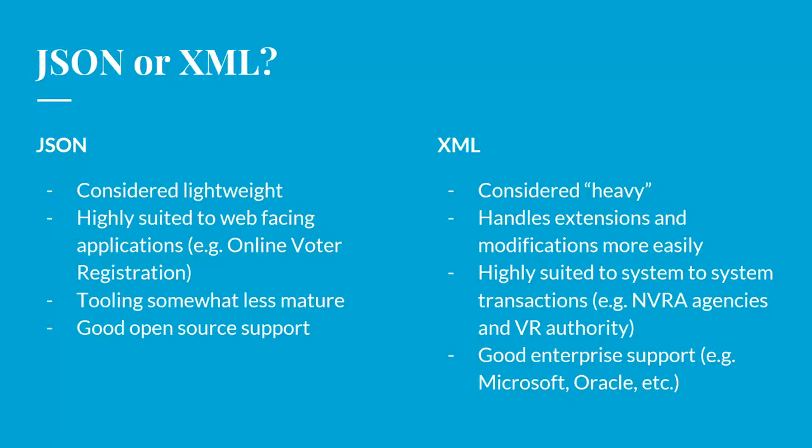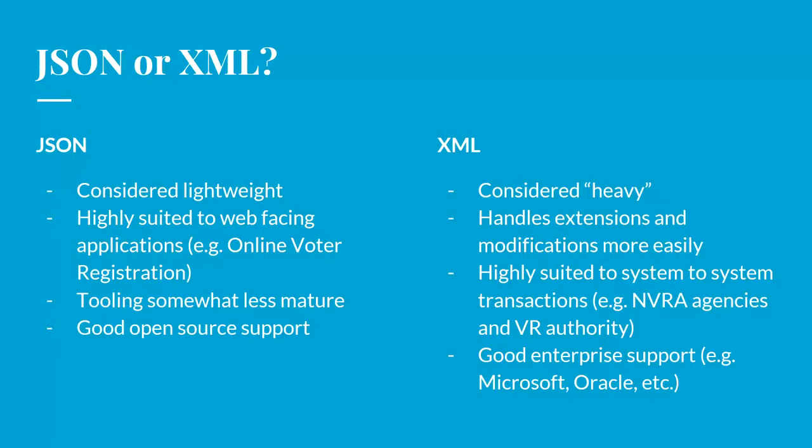So that kind of begs the question: where does XML fit in? Does it matter anymore? I think it still does. XML has very good support by all the enterprise vendors, your Microsofts, your Oracles of the world. It's also a bit more extensible. I guess it lives up to the X in its name. And you're going to be able to customize it more to meet your needs.